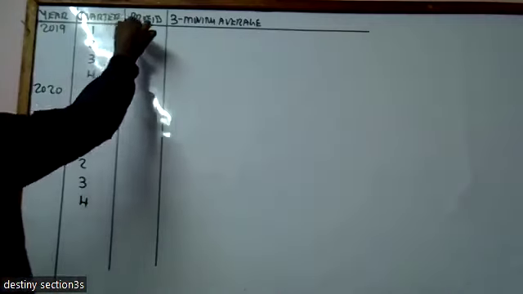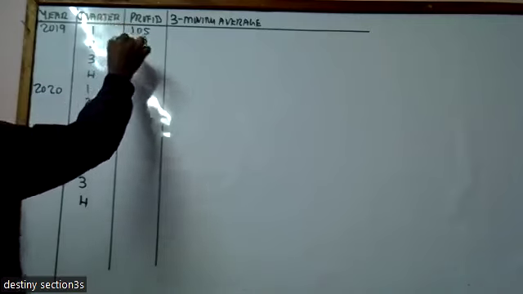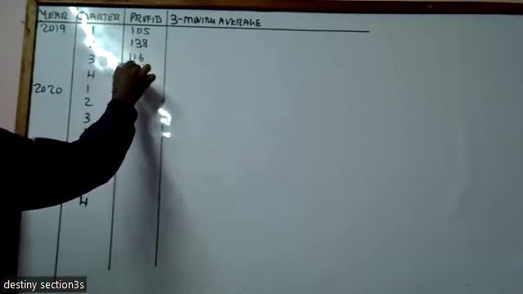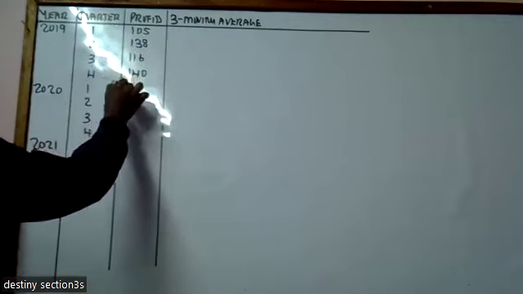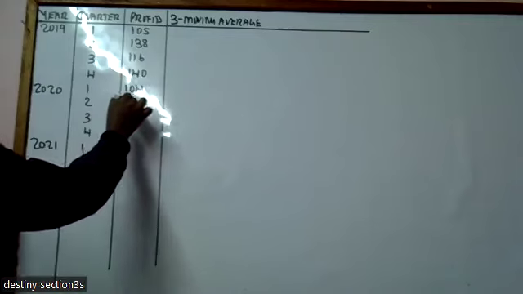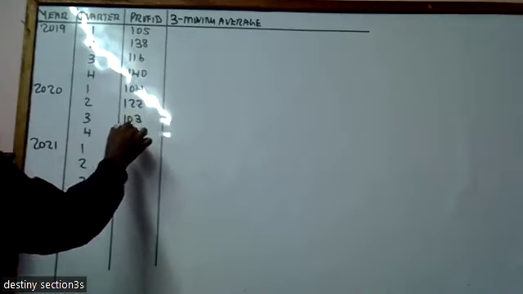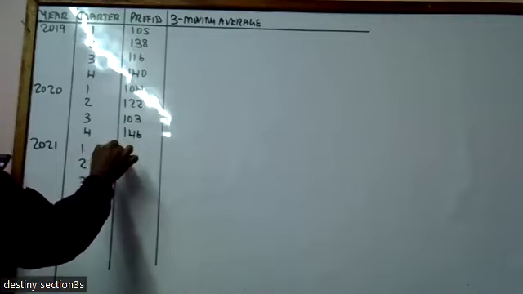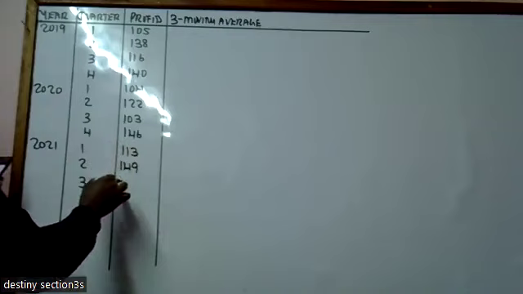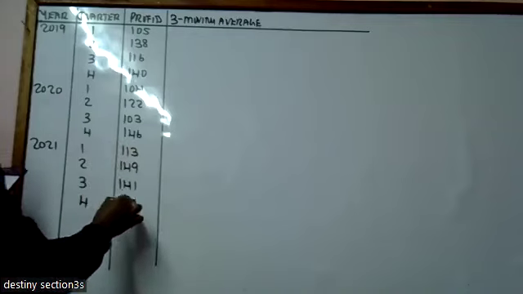So the profits are 105, 138, 116, 140, 104, 122, 103, 146, 113, 149, 141, 162.